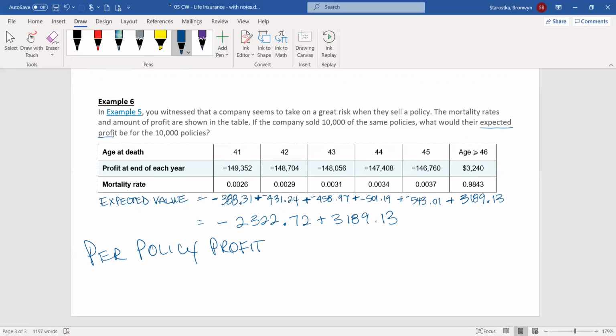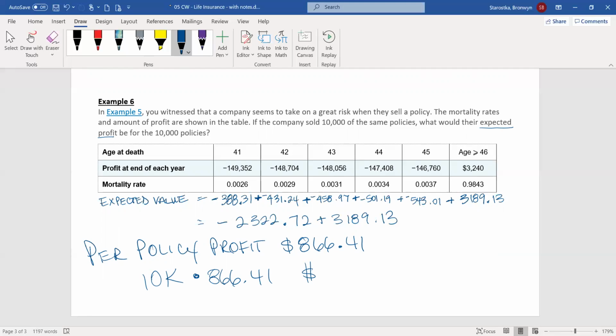This isn't like what really happens, but per policy profit, the actuaries estimate to be around $866.41 profit if their models go as they plan. But multiply that by 10,000 policies. So 10,000 times that 866.41. They sell 10,000 of these policies.